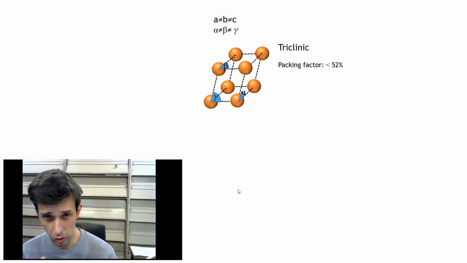Some lattices are very uncommon. We saw that simple cubic is not so common in nature, and triclinic is also not so common in nature. Some others are more common, but it's not just about the lattice structure. It's also about the strength of the bonding, the environmental situation, like the temperature, or about what we really mean when we mention strength.